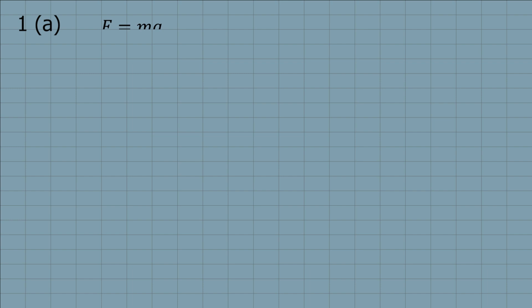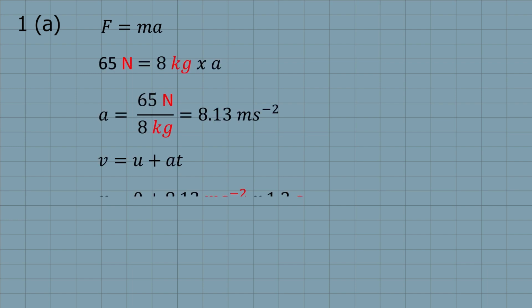That means we can ignore friction and we can ignore the object's weight. Remember, weight and mass are 2 different things. The 2 expressions we'll use, you'll find on page 6 of the specifications, are F equals ma to find the acceleration, and once you've found the acceleration, multiply that by the time to get your final speed, which is 9.75 meters per second. A very straightforward question, just to get us started.